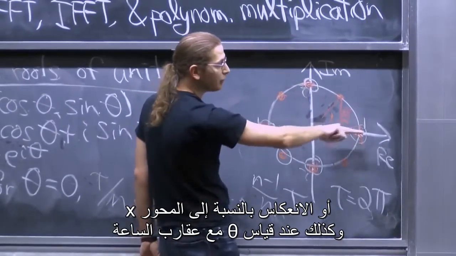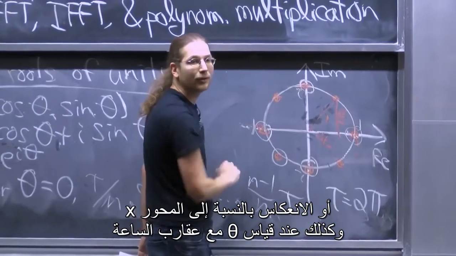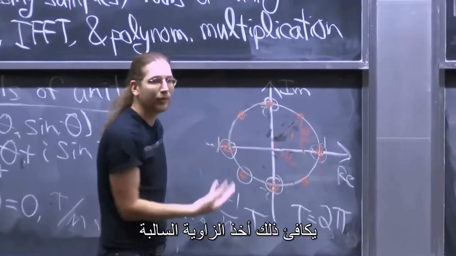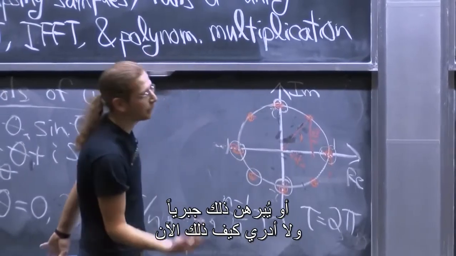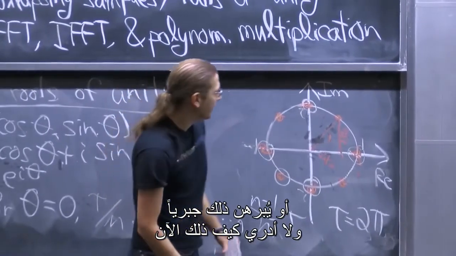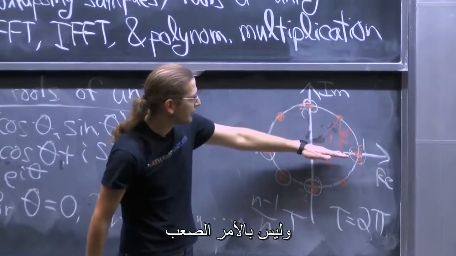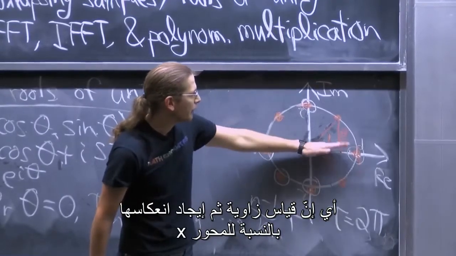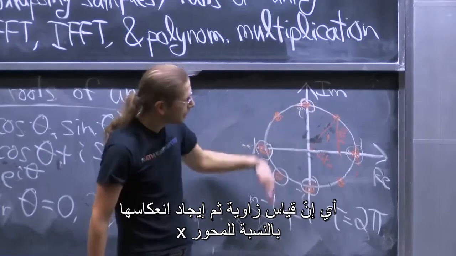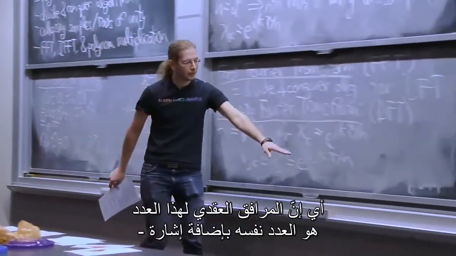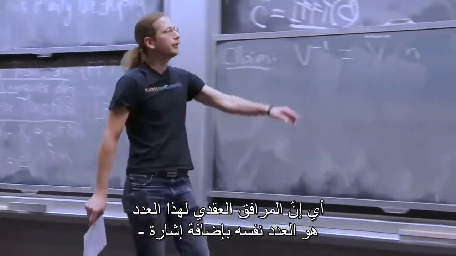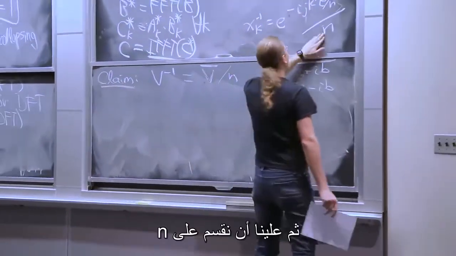That's the same thing as if you measure theta as a clockwise angle from the x-axis. That's the same thing as negating the angle. Okay, so that's just a little geometry. You can prove it algebraically, although I don't know how offhand. It's not hard. So if I want to take some angle and then flip it through the x-axis, it's the same as the negative of the angle. So the complex conjugate of this number is the same thing with a minus sign. And then we have to divide by n.